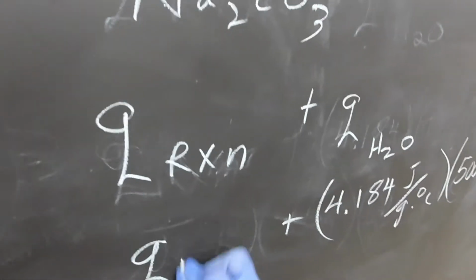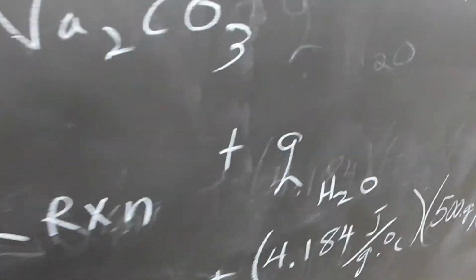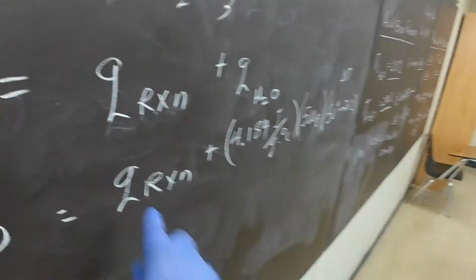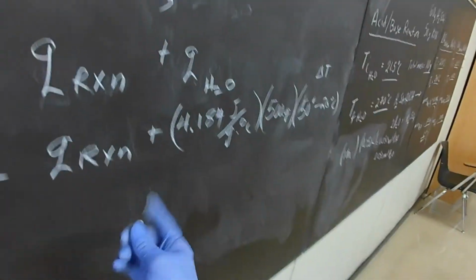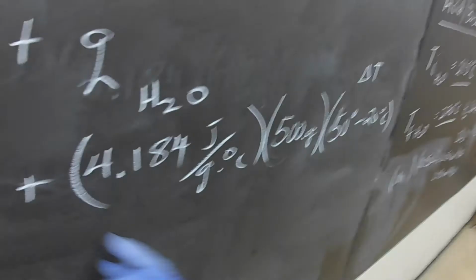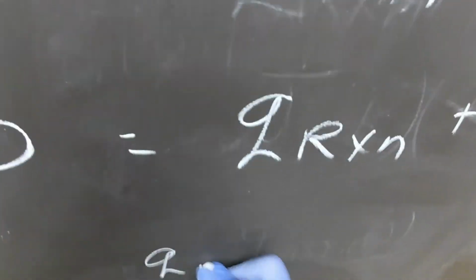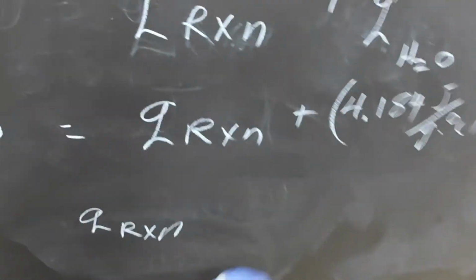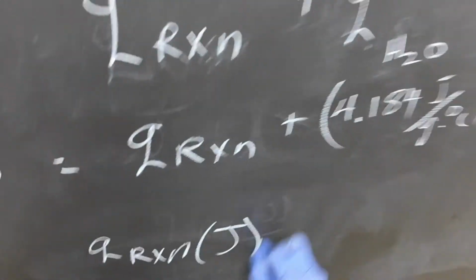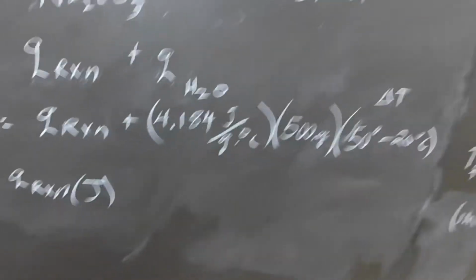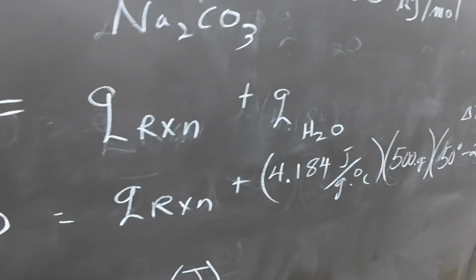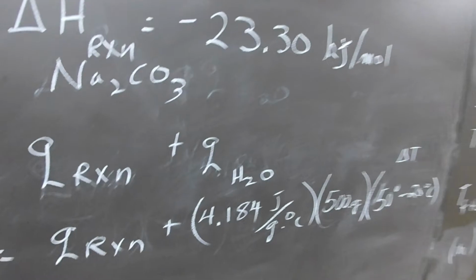This Q for the water plus Q for the reaction is equal to 0. Solve for Q, and once you resolve this one, it comes over on the other side with a changed sign, and you have a Q for the reaction in joules. So that's the amount of heat that you have to account for.